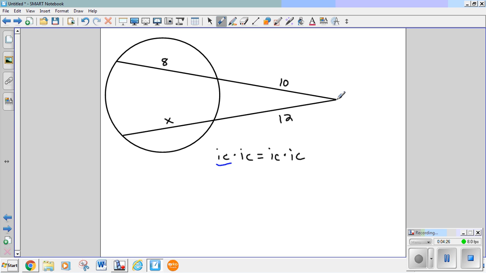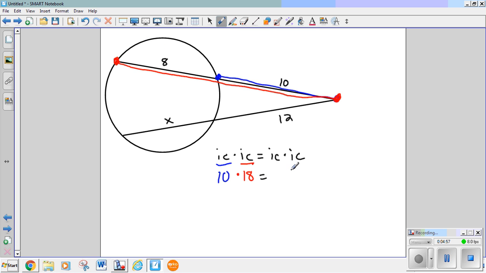The first IC from the intersection to the circle is 10. The second IC from the intersection to the circle again is 10 plus 8, which will be 18. We had to do segment addition there to get the length of the whole segment.